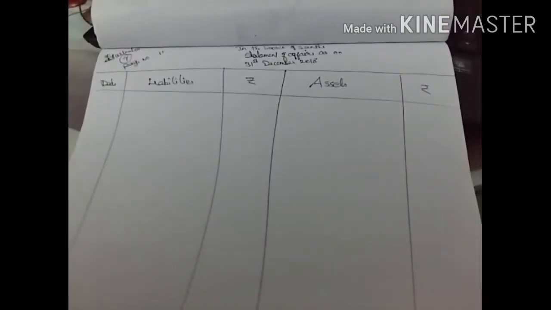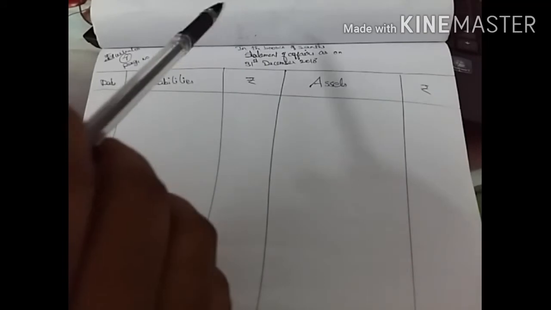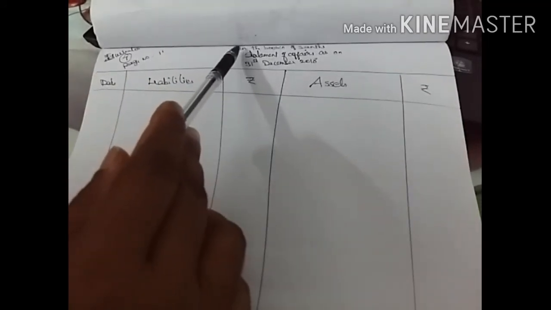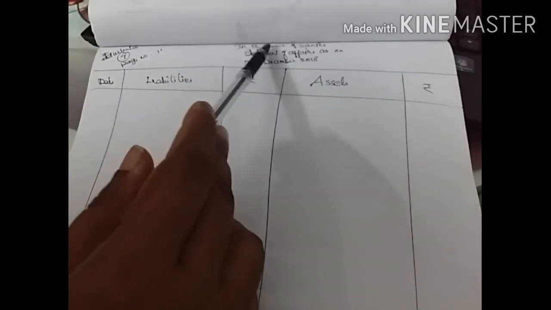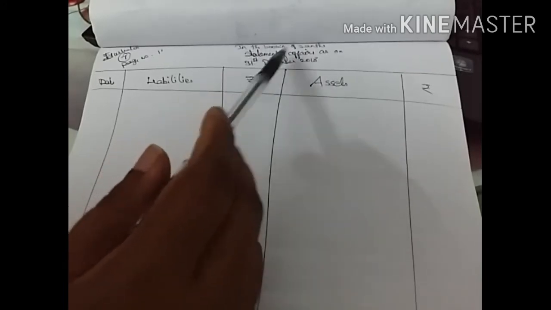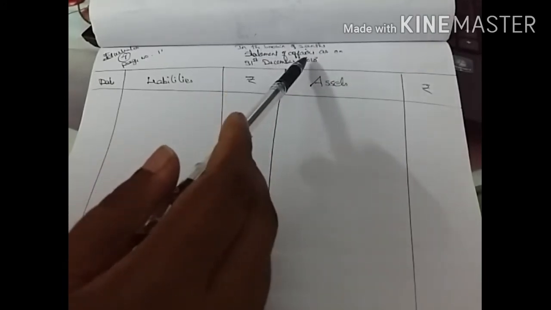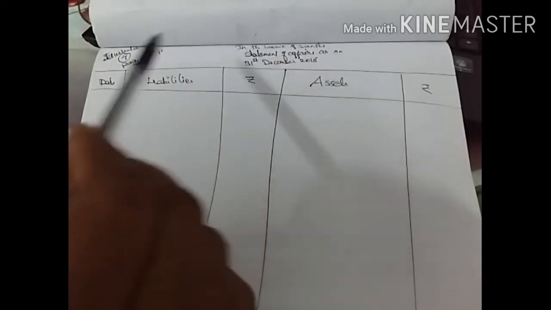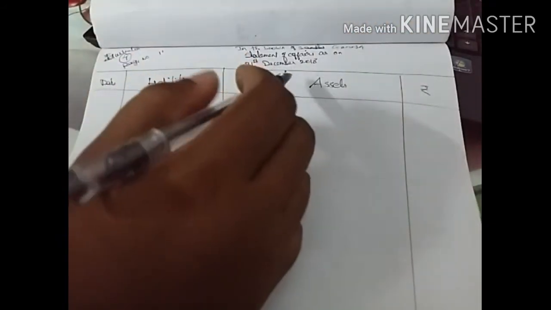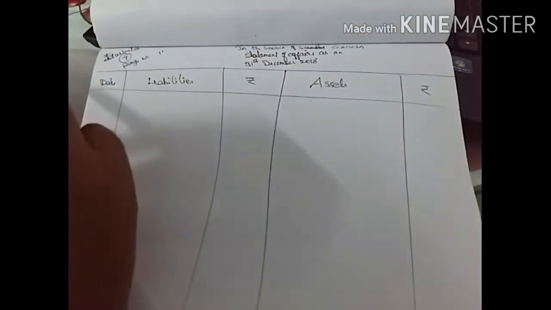Now we are going to prepare the solution of illustration 7, page number 11. Likewise, you have to write in your ledger note. In the middle you have to write: in the books of Ganesh, statement of affairs as on 31st March 2018.